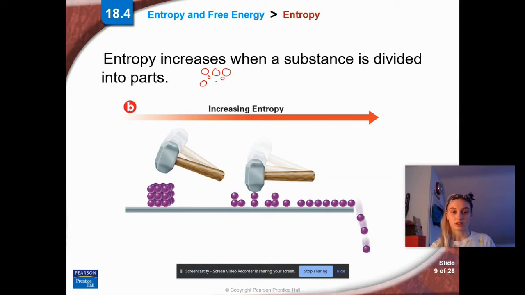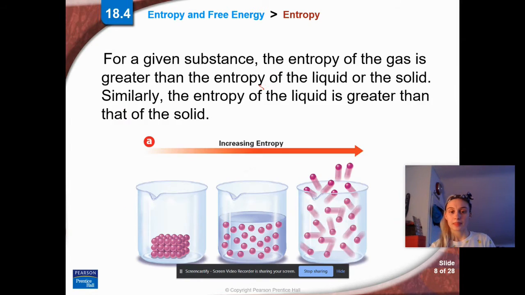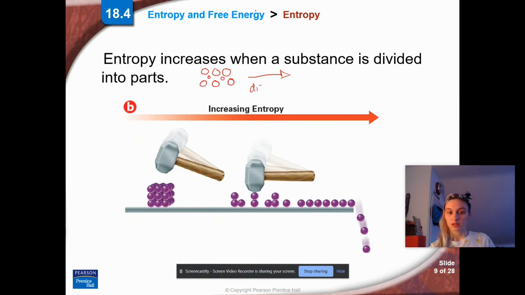You have your Na's and your Cl's there. And then when you dissolve it in water, remember what the water does is it pulls apart the pieces of salt.